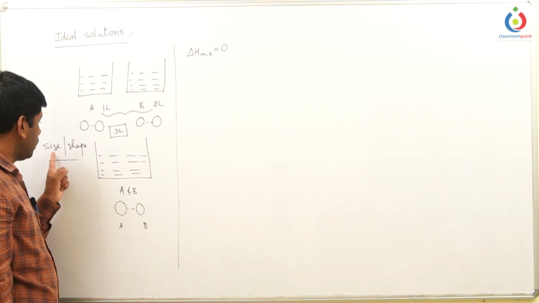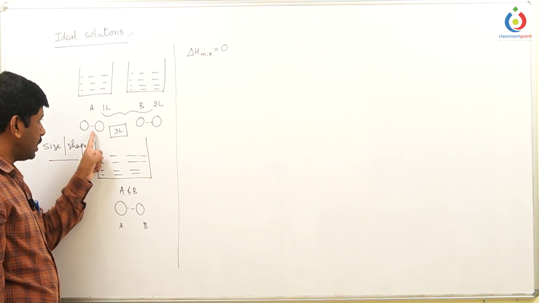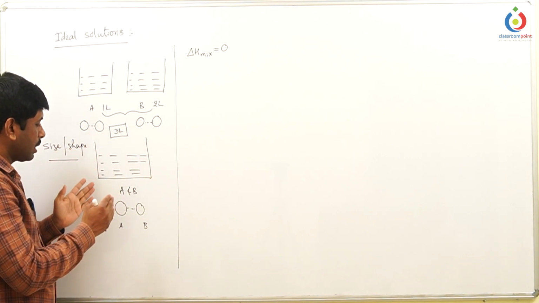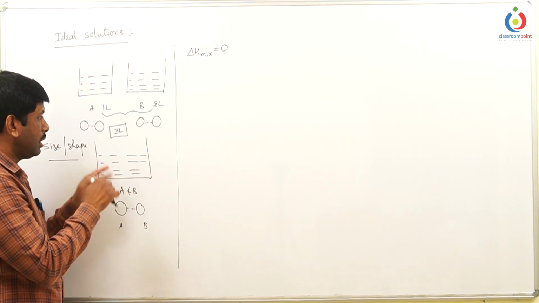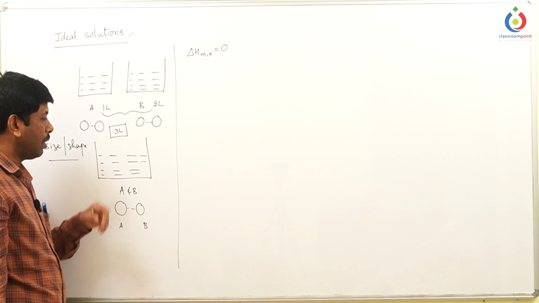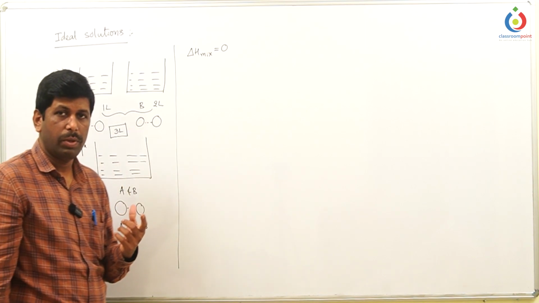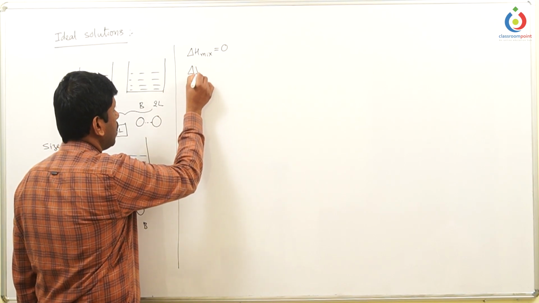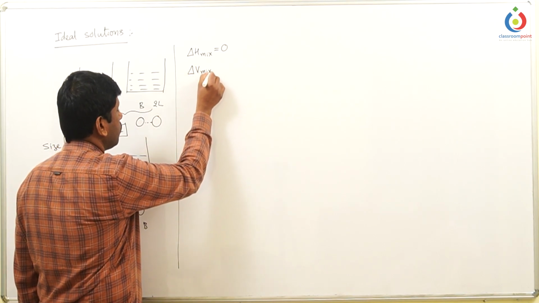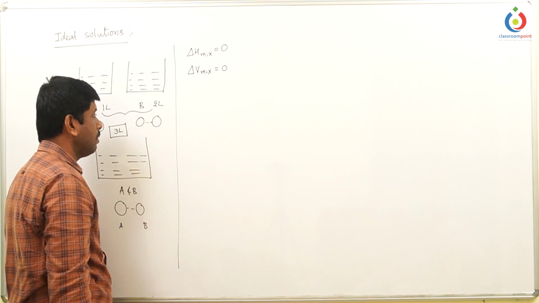Why? Because they have similar size and shape, as well as the same attractions. When attractions are the same, the distance also shall be the same. That is the reason why there shall be no increase or decrease in the volume. That means no change of volume is observed. That's why we can write that delta V, the change of volume in mixing, is equal to 0.